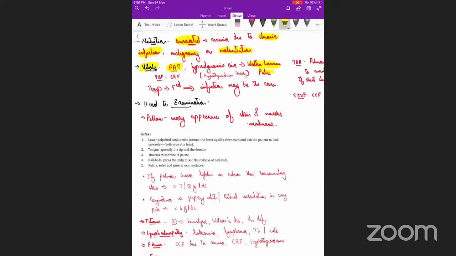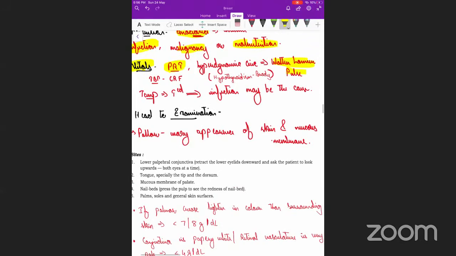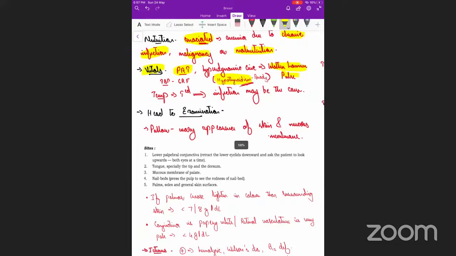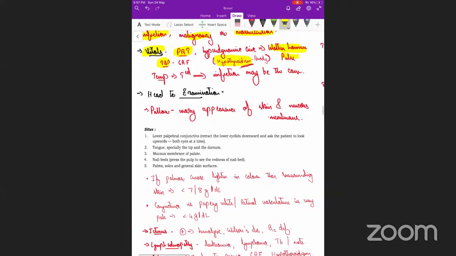We can find water hammer pulse. But if pulse rate is decreased, then we can think of hypothyroidism as the cause, since bradycardia will be there. Hypothyroidism, again, is very important; it can cause anemia. Then if BP is increased, we can think of chronic renal failure as one of the causes. If temperature is increased, it is because of fever.